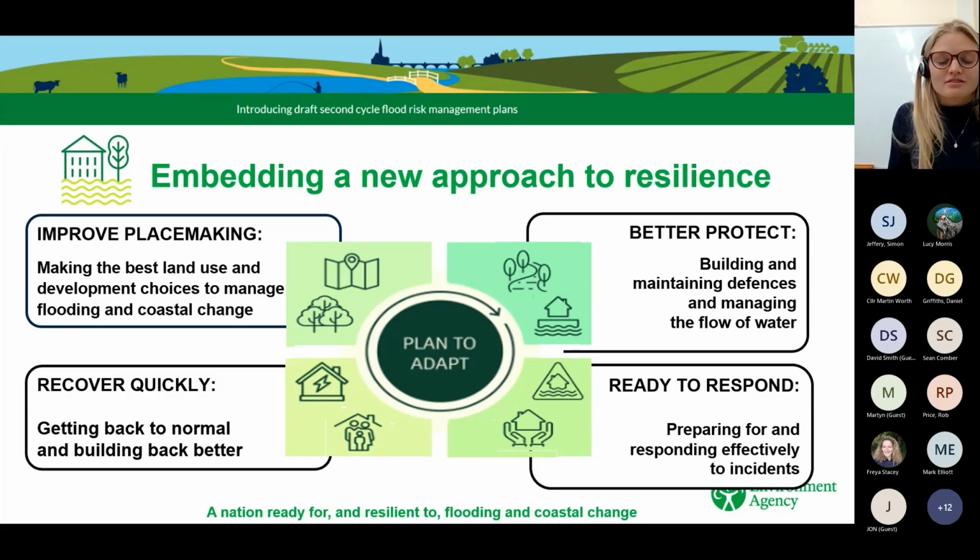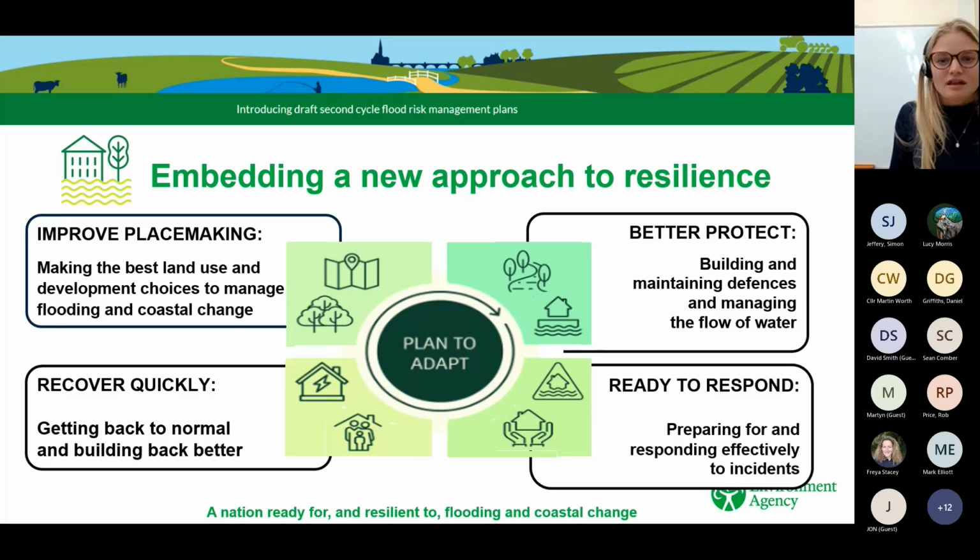When this strategy was developed, the definition of flood and coastal resilience was that we would plan for, better protect and respond to, and then recover from flooding and coastal change. And if we can do that, then we are more resilient to the future climate that we have now, and which will worsen in the future.